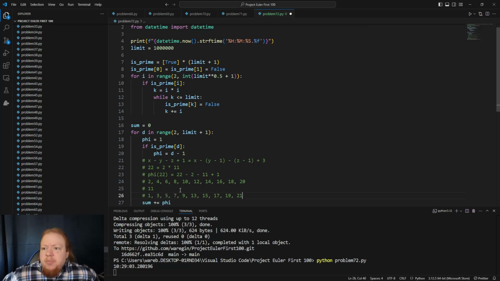Which is kind of the number. It's not quite the number of primes that are less than 22, but it's close. So if we take 21 minus 11, we get 10.